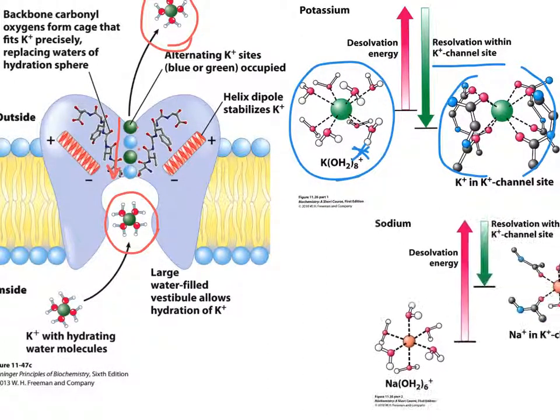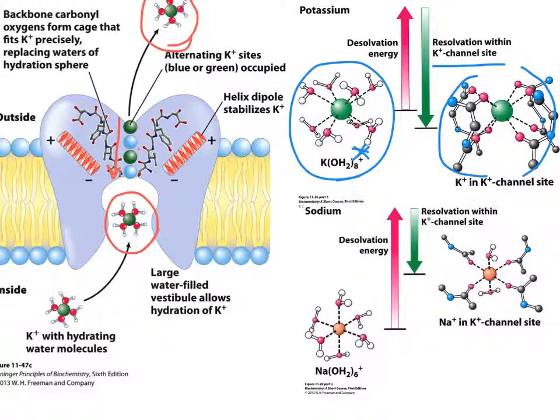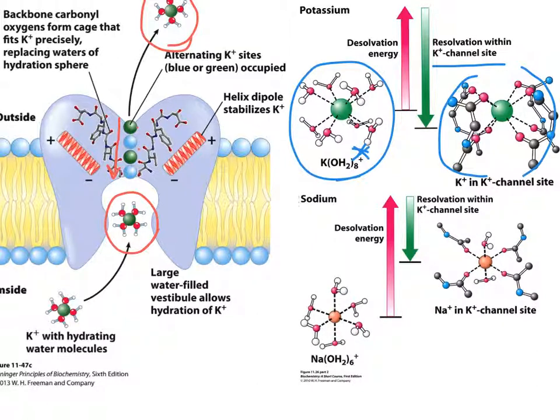If we want to contrast that with sodium, if sodium were to try to get through the potassium ion channel, we also have that desolvation process that occurs with the sodium ion prior to binding to the binding site in the channel. If these ions are hydrated, they're too large to fit through the channel, so that water has got to be removed at the start.